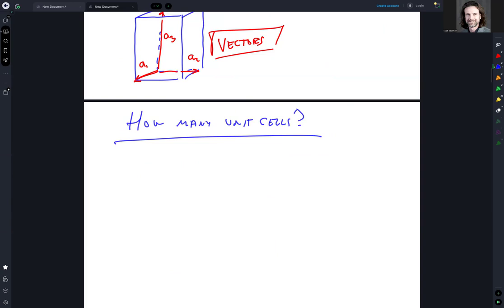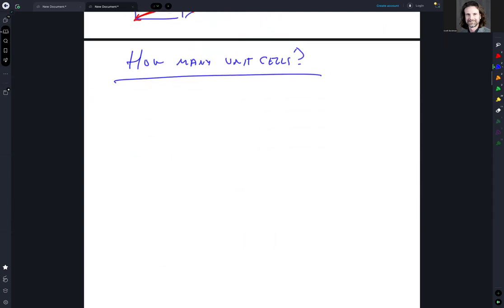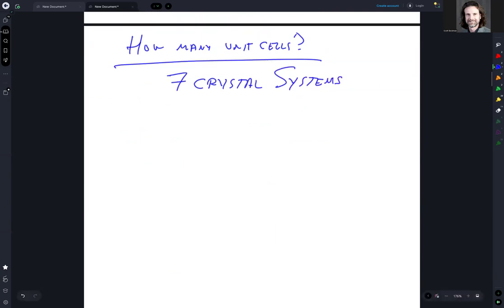And they have to be able to span space out to infinity. And we have friends over in math that tell us that there are 7 crystal systems and only 7 crystal systems, for those of us living in three-dimensional space. So let's look at those.